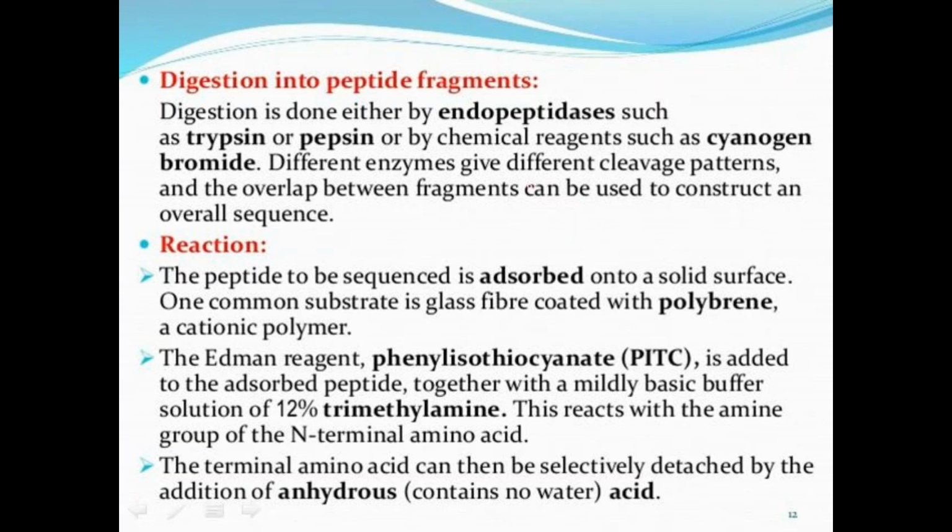And what is the reaction to determine the sequence? The peptide which is to be sequenced is first to be adsorbed onto a solid surface. There is a difference between absorption and adsorption. Adsorption means only onto the surface, that is onto a solid surface only. And what is the solid surface mainly used here?